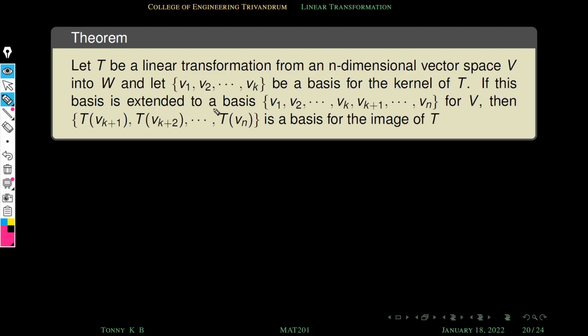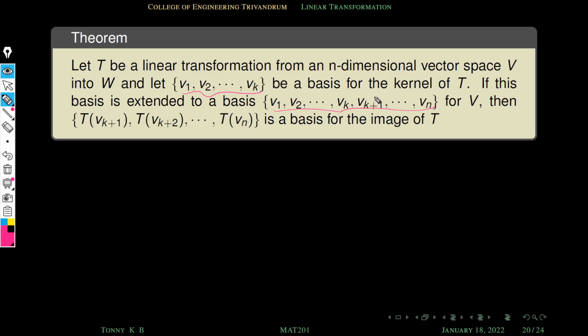If this basis is extended by introducing new vectors vk+1, ..., vn, then this new set is a basis for V. We extend this basis in such a way that the new set is a basis for V.